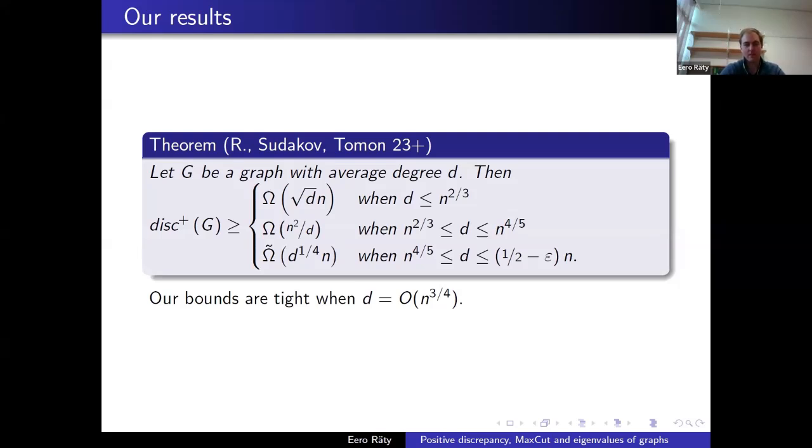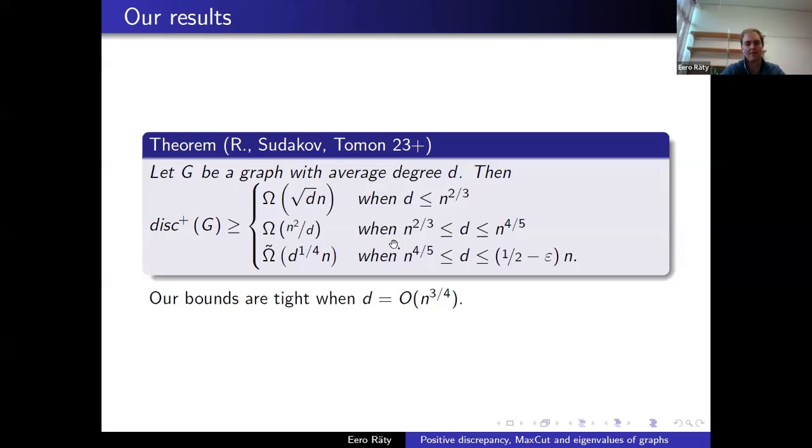So then you hopefully get a bit better idea what these bounds actually give. And then between n to the 4/5 and half minus epsilon n, we get a bound which is d to the 1/4 times n.